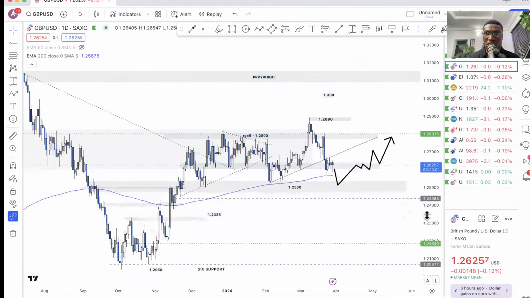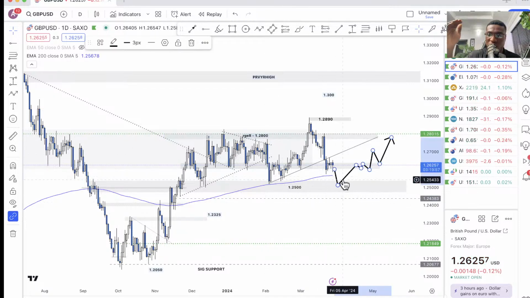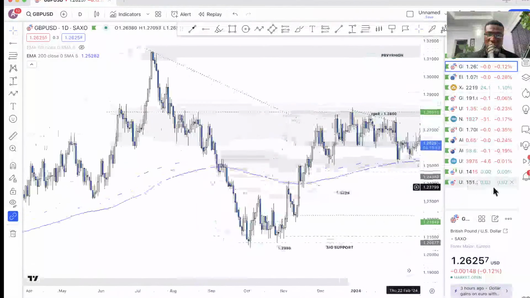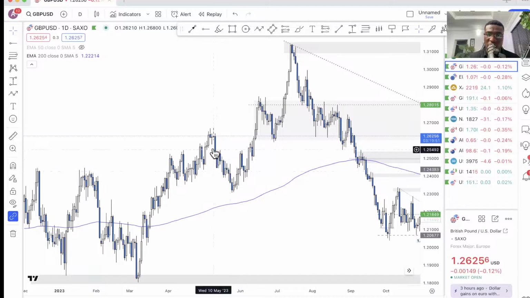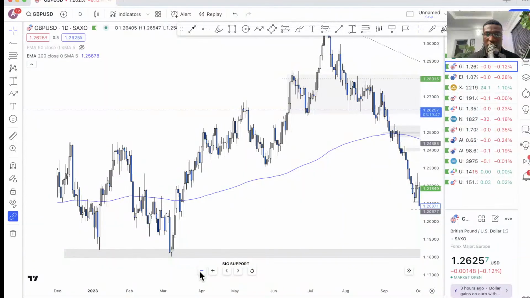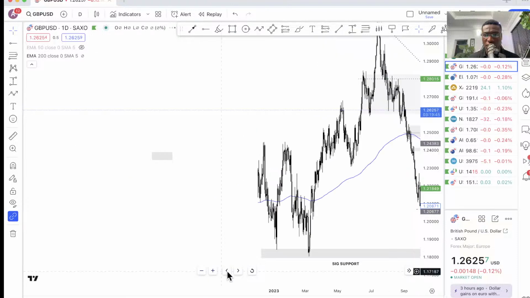But in a trending market, when you see from a swing to the next swing, it's usually much more in the amount of pips. From a swing to the next swing. Let me zoom out a bit and see if I can show you guys.